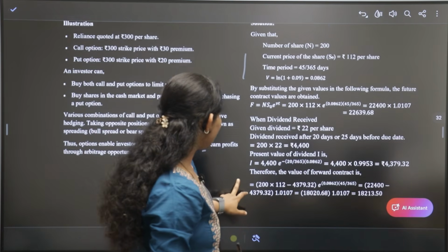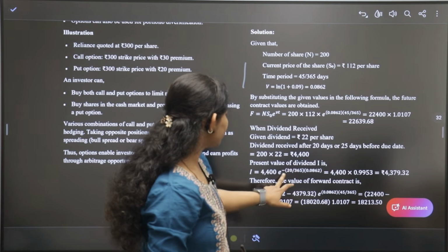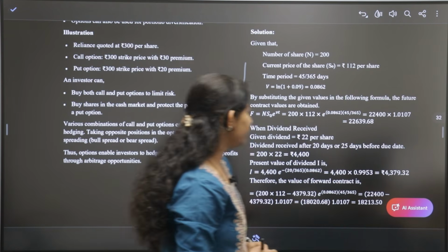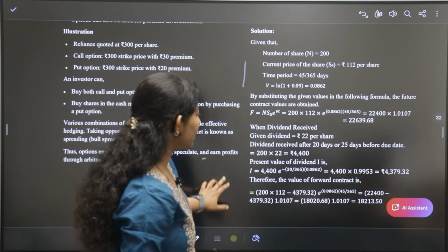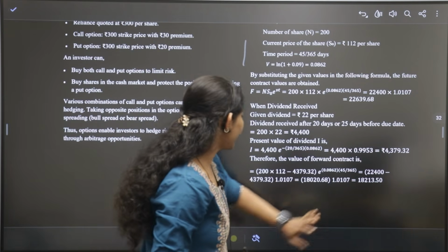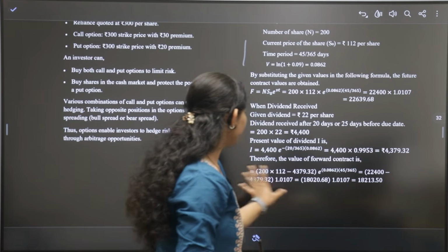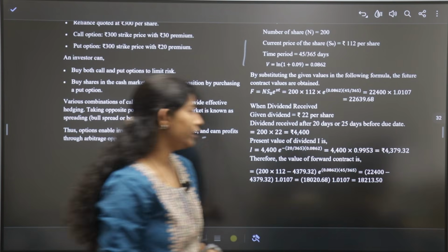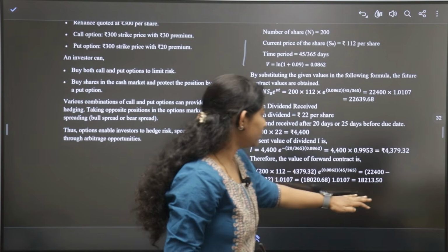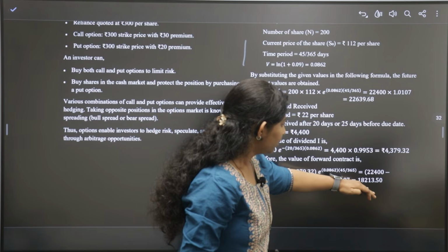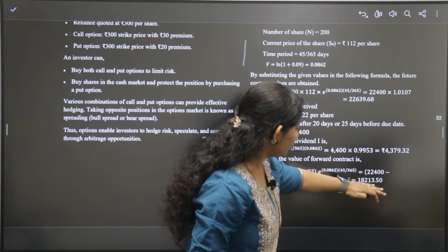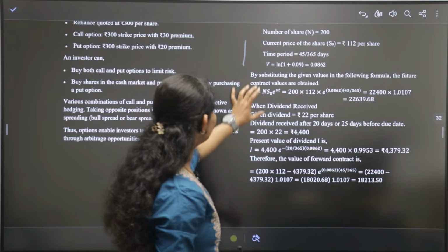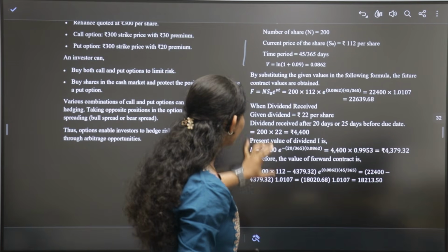Then again substitute in the formula and you will get 4,379.32. Therefore the value of your forward contract, after substituting in the final formula, is about 1,800, which is your final answer.